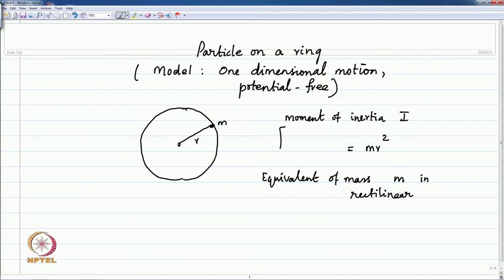In this case, the axis is perpendicular to the plane of the motion, and there is momentum p tangential to the motion on the circle. Then the angular momentum j is the vector r cross p. The vector is pointing outward, r cross p.